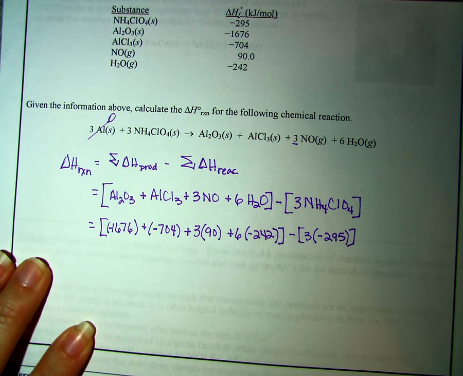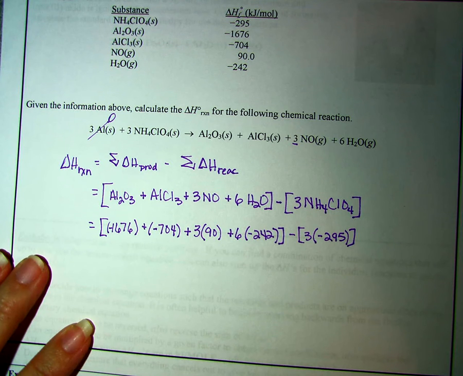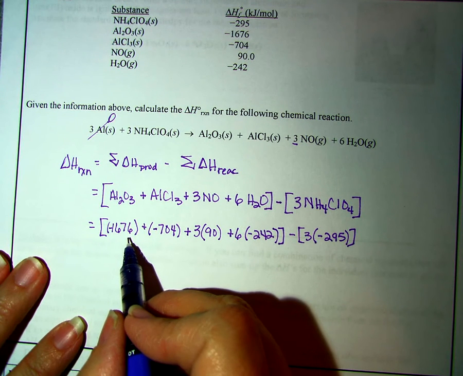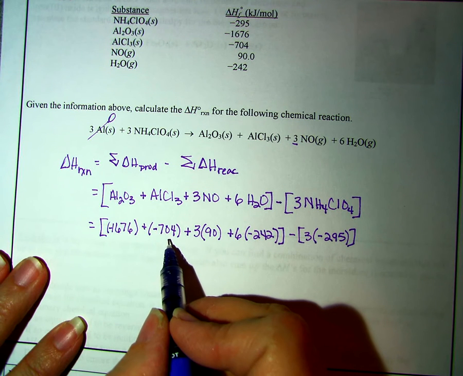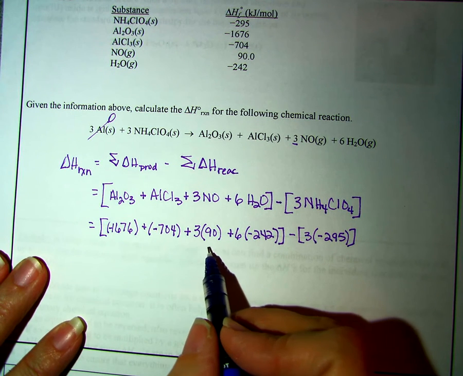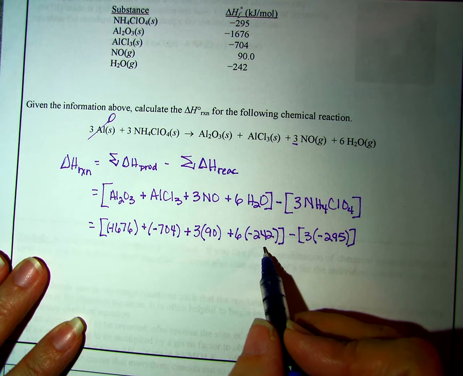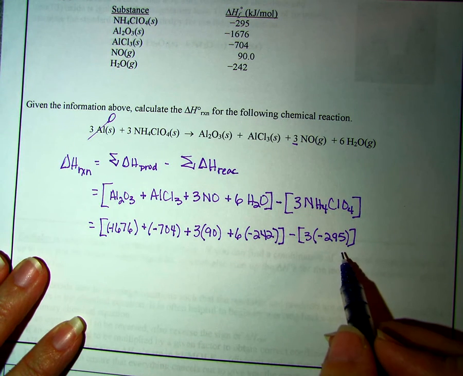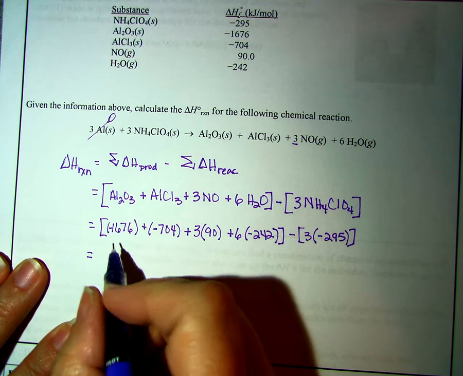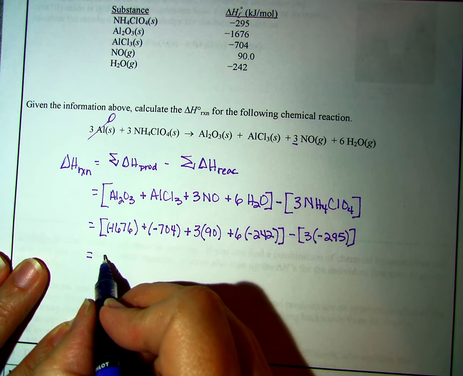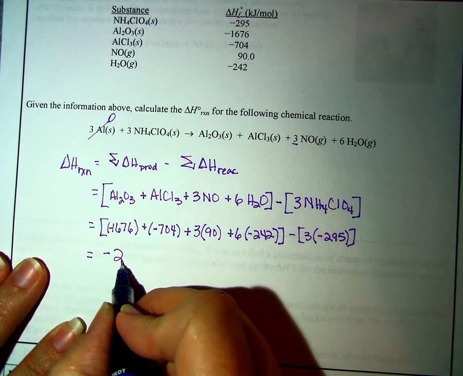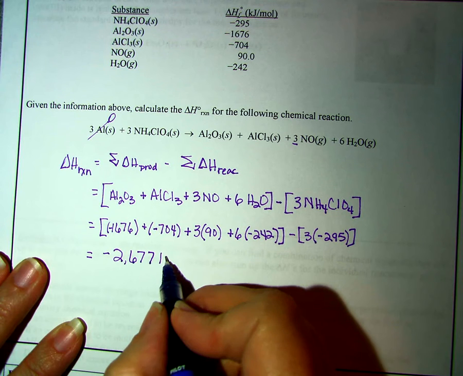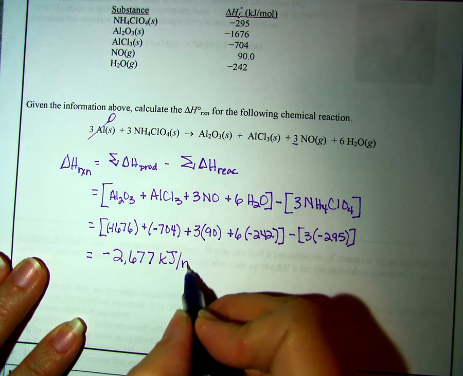All right, so you're going to have to put all of this into your calculator. Negative 1,676 plus a negative 704 plus 3 times 90 plus 6 times minus 242 minus 3 times negative 295. When you work all of that out, you get a negative 2,677, and this is kilojoules per mole.